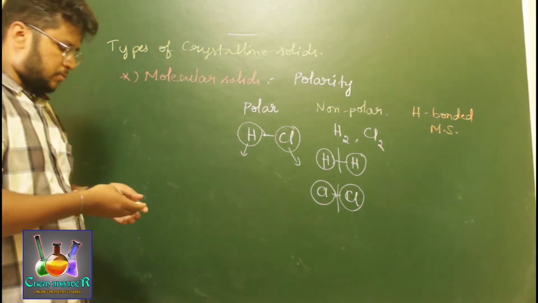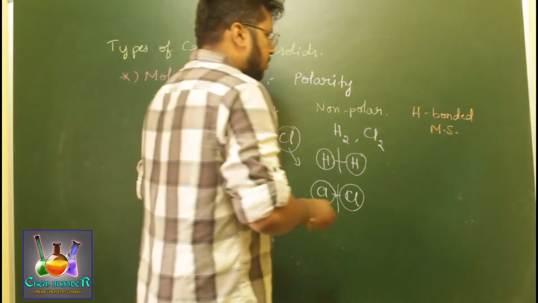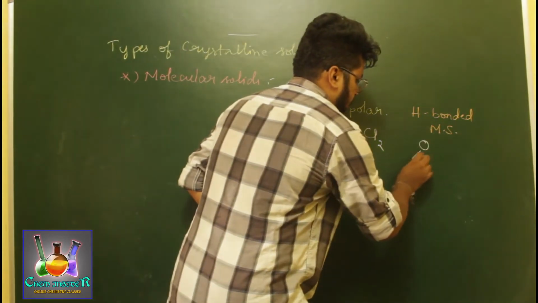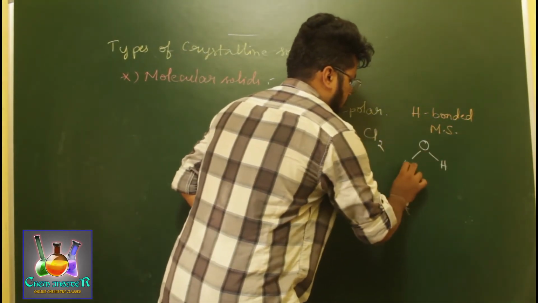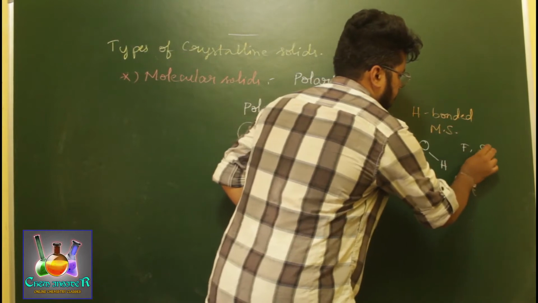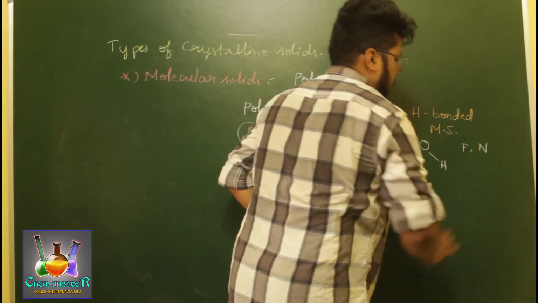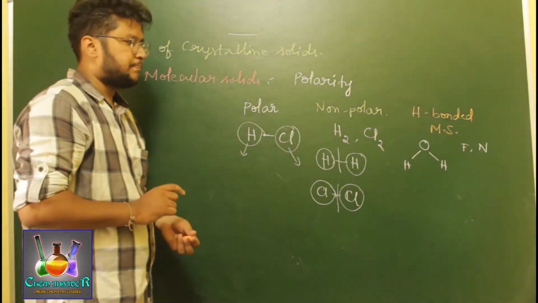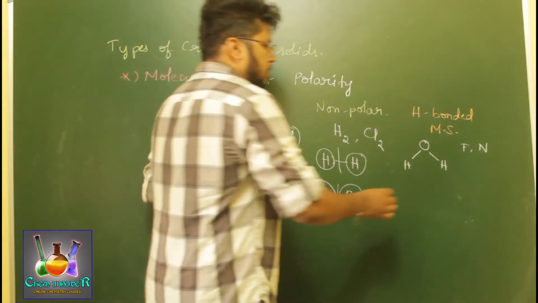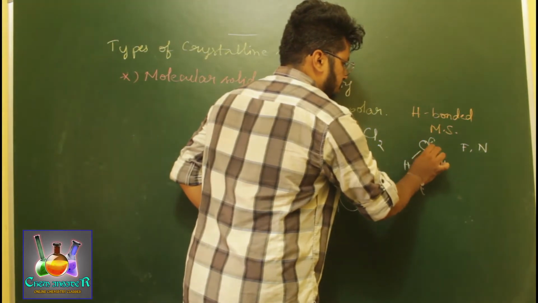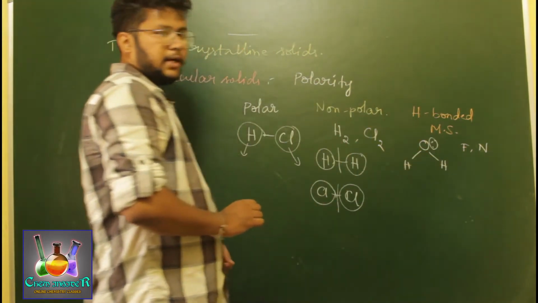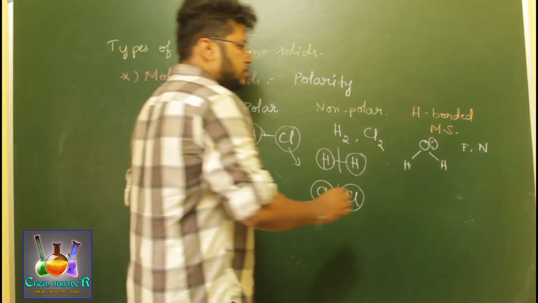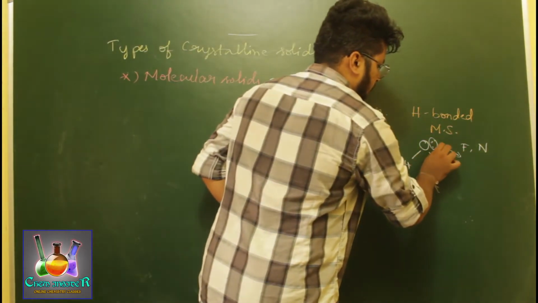A hydrogen bonded molecular solid is one which has an electronegative atom such as oxygen, fluorine, nitrogen, etc. along with at least one hydrogen atom. That is because the lone pair of electrons present on these electronegative elements attracts the hydrogen of the neighboring molecule.